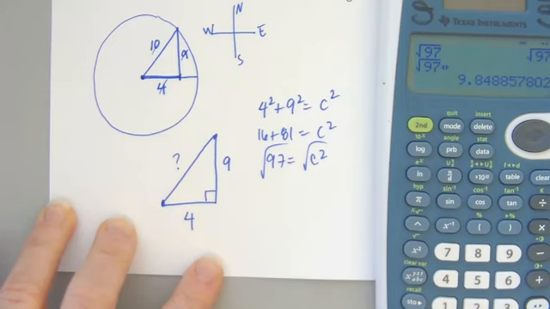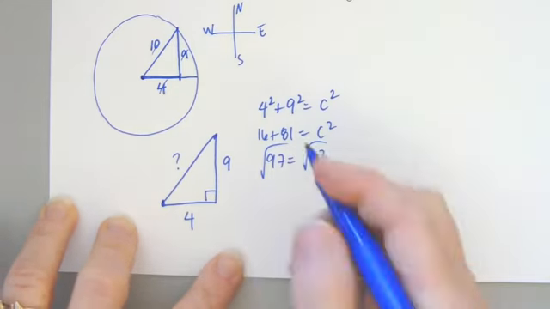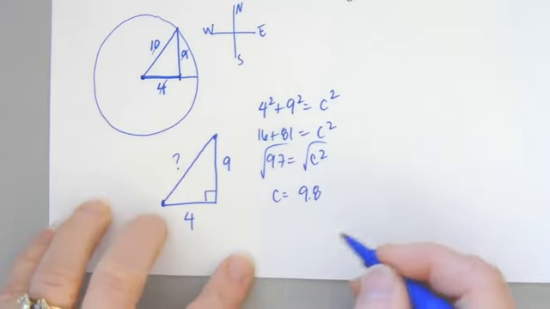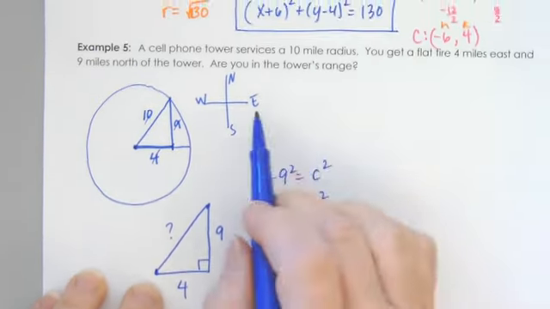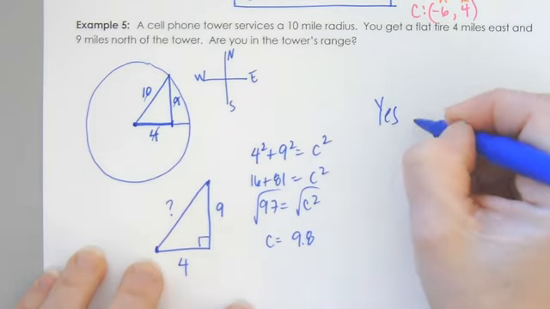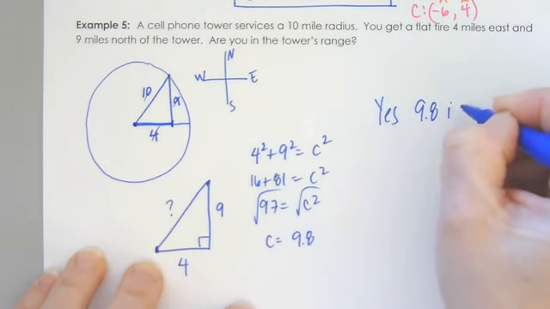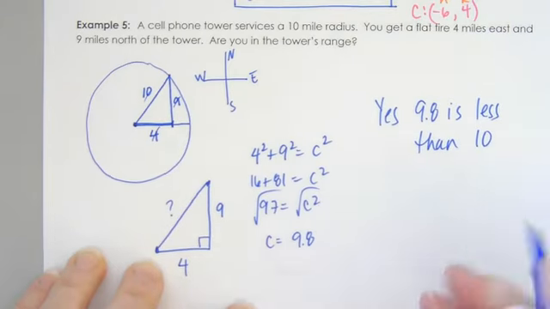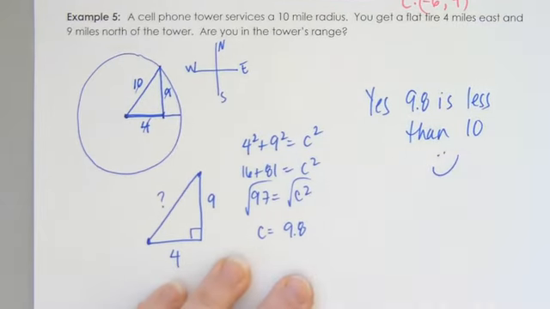So it's about 9.8, which is less than 10. So the question is, are you in the tower's range? Yes. 9.8 is less than 10, so we're still in the cell phone tower's range. Yay, we can make a phone call.